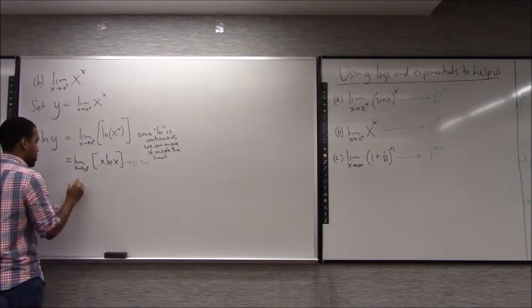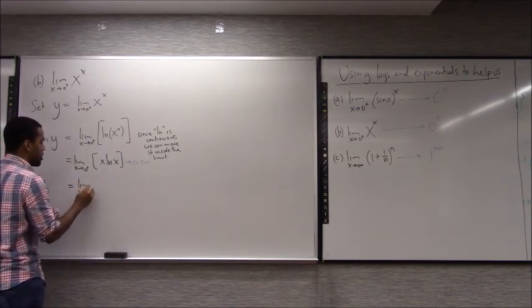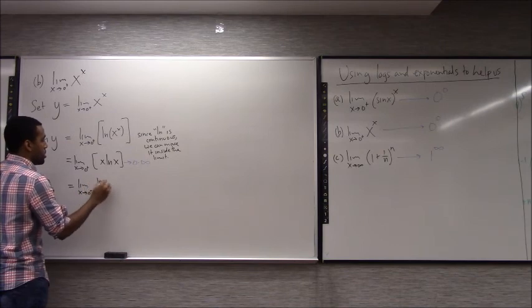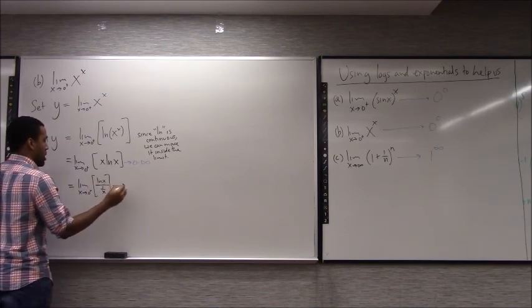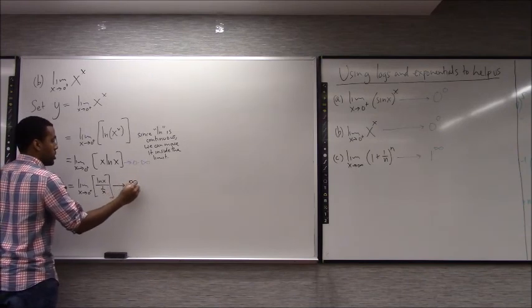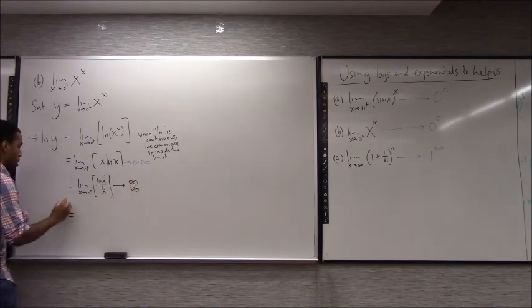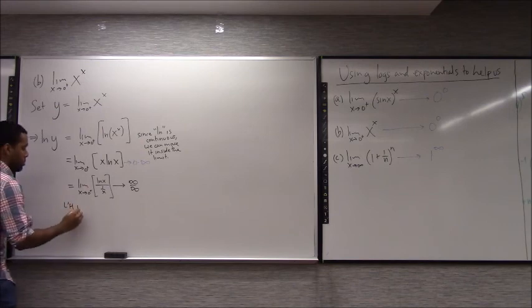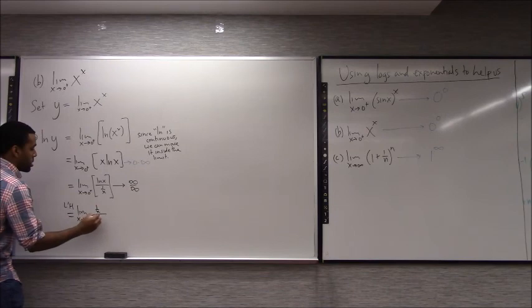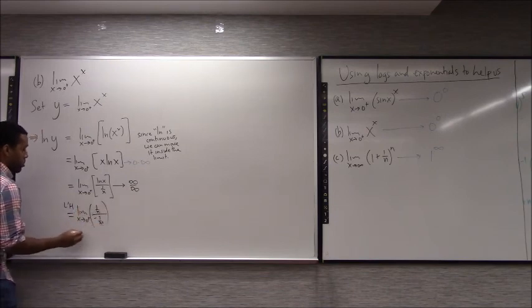So the trick here was to rewrite that as ln x over 1 over x. That guy would approach infinity over infinity. So now I would apply L'Hopital's rule. That becomes 1 over x over minus 1 over x squared. That guy we actually knew was 0.